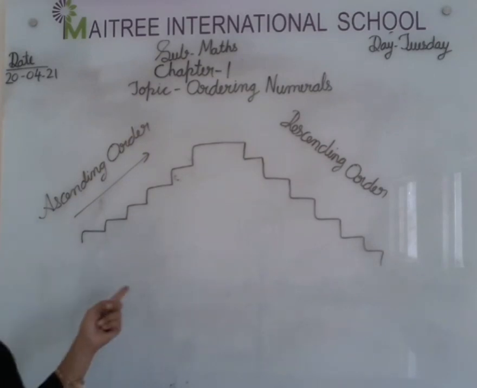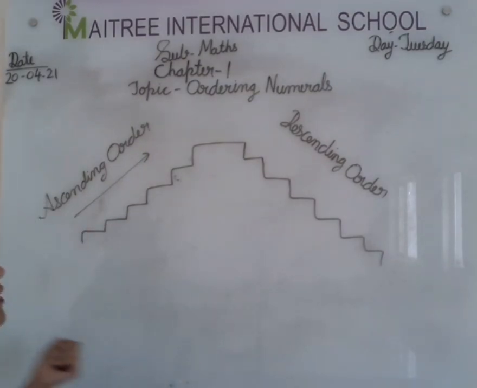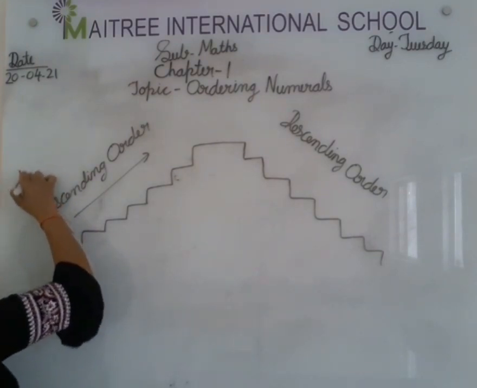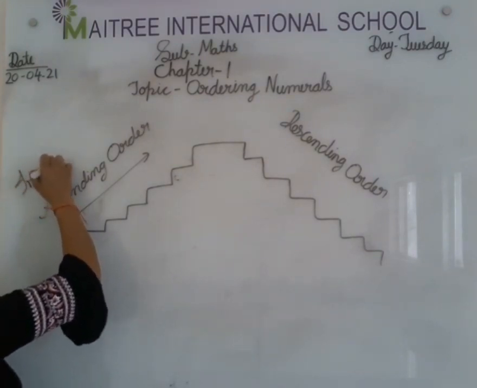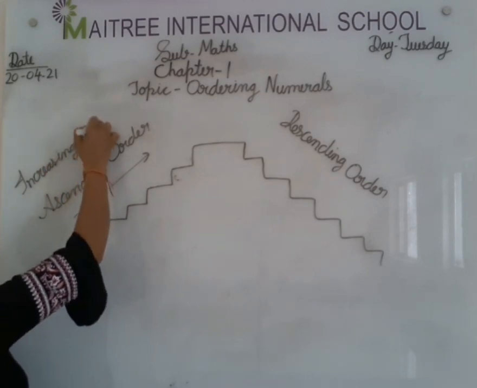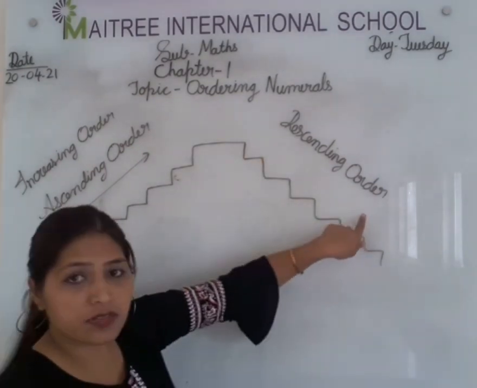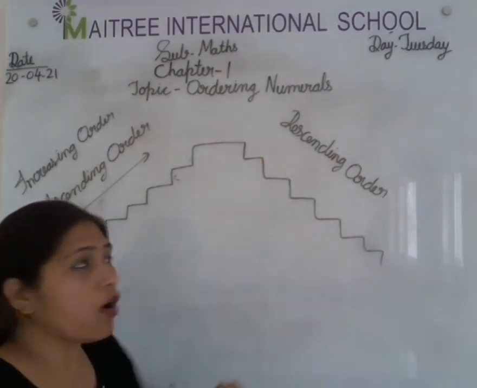Ascending order is also called increasing order. So I am writing here. And descending order is also called decreasing order.